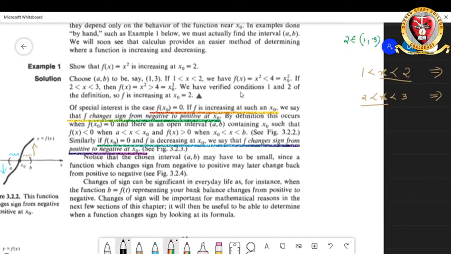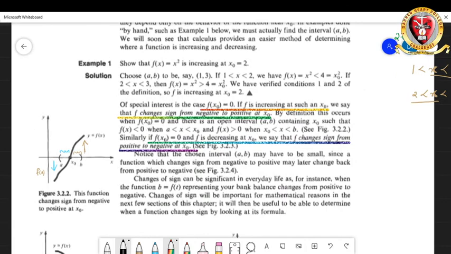And there is another special fact which we have to note: if f(x0) = 0 and f is increasing at such an x0, we say that f changes sign from negative to positive at this x0.